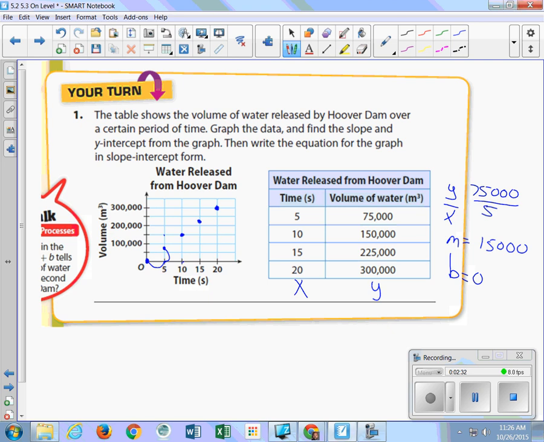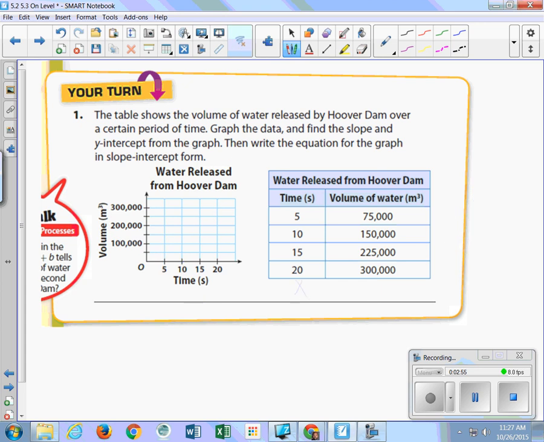Alright, so I found my slope, found my y-intercept, so now I can use the slope-intercept form, which is y equals mx plus b, and plug the information into it. So it would be y equals 15,000x. That is my equation.